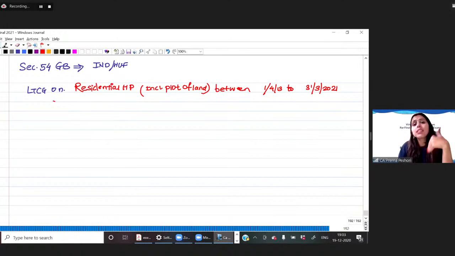So what are the exemptions for residential house property? One is 54 for house property. Second is 54EC. You sell house property, you purchase bonds. Third is 54GB.